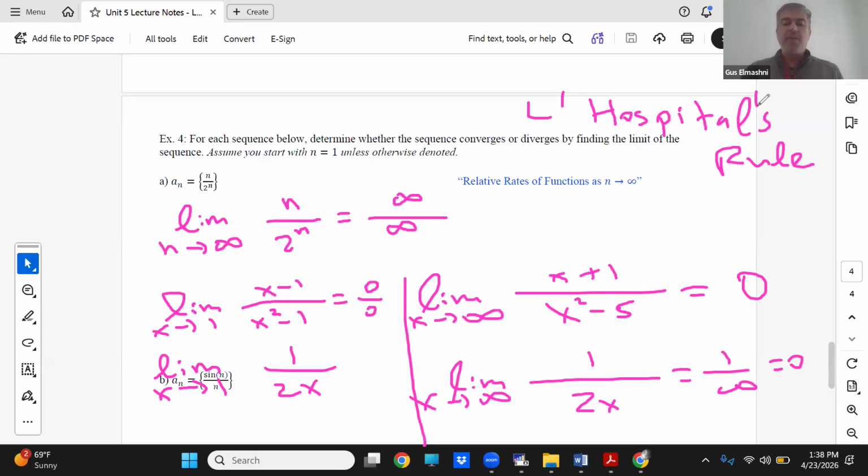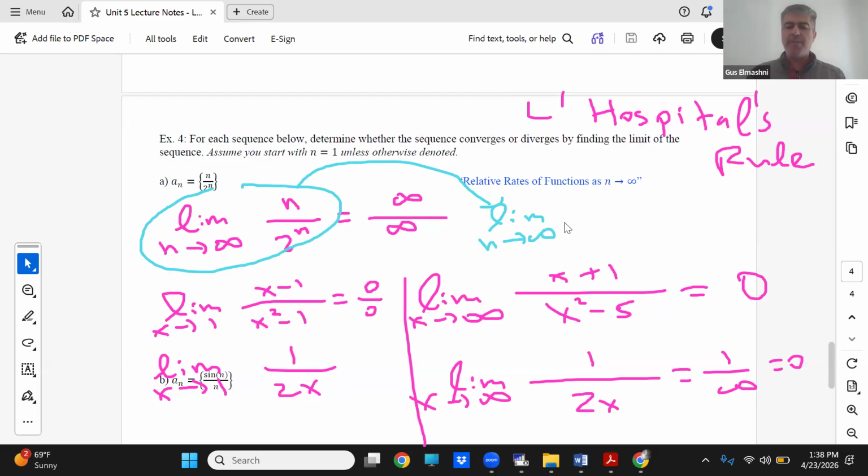So what I could do instead, and actually, I think we should talk about this because this is the calculus way of thinking about it, right? I'm going to take the limit as n approaches infinity. What's the derivative of n? 1, right? And you guys remember the derivative of exponential functions? We talked about this.